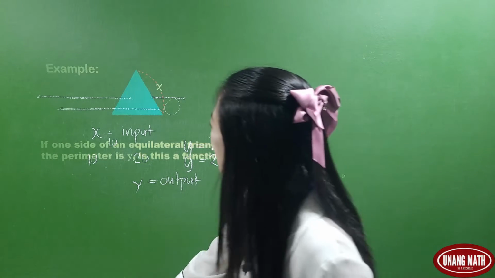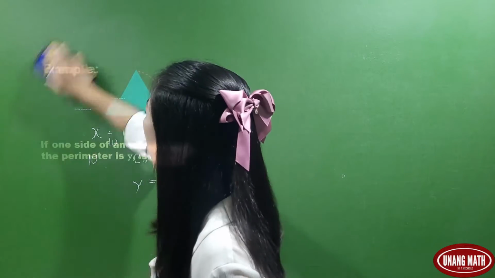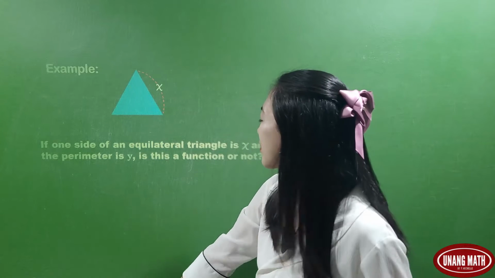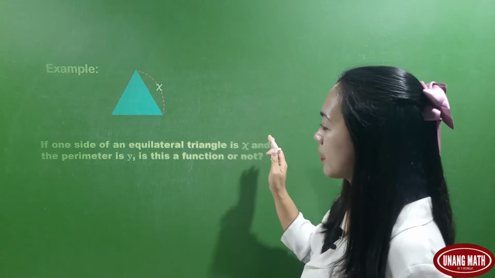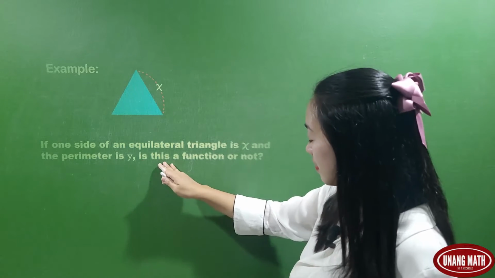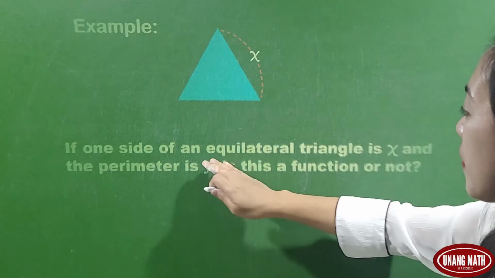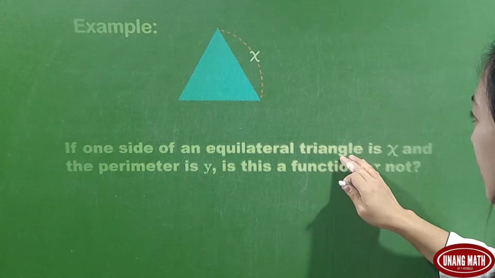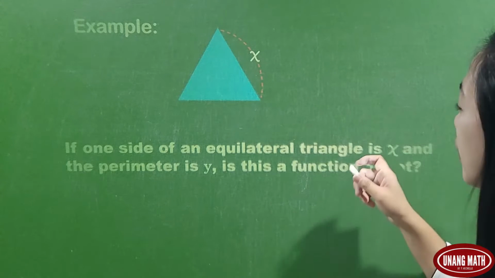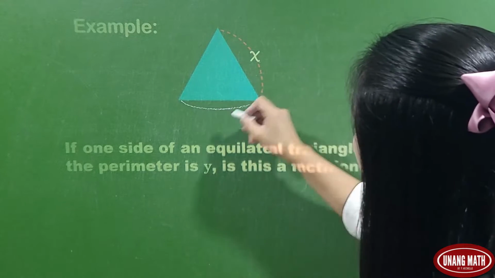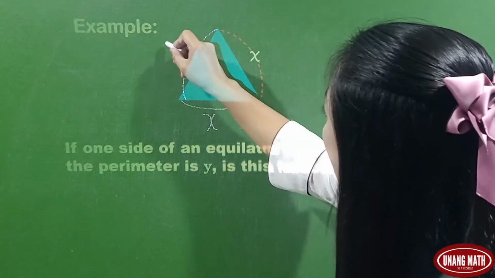What about another example? If one side of an equilateral triangle is x and the perimeter is y, is this a function or not? We all know that if it's an equilateral triangle, then all sides are equal. So if one side of this triangle is x, then this is also x, this is also x.